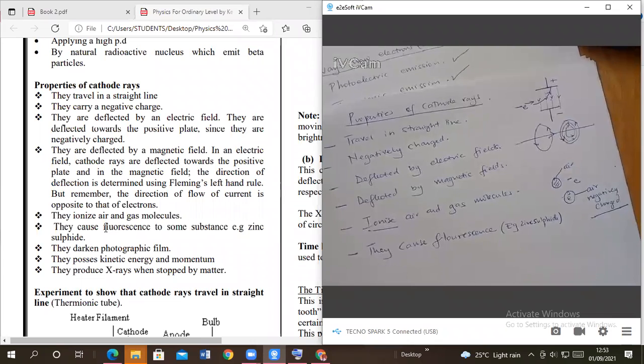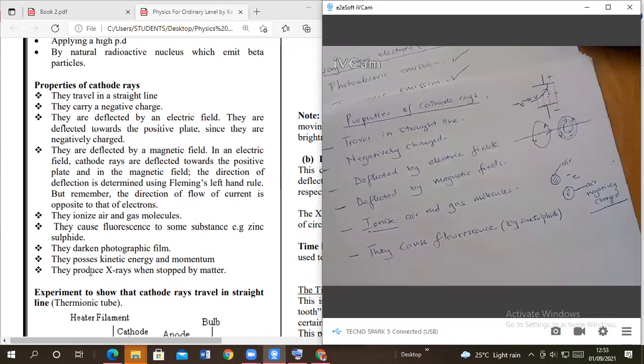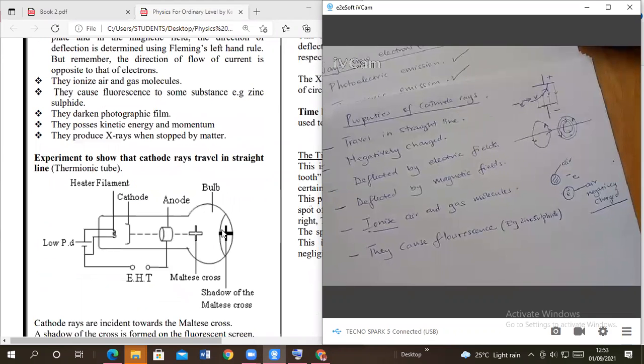So we shall see how the cathode ray tube also works, that when these electrons strike this bulb that is coated with zinc sulfide, this screen is coated with zinc sulfide.